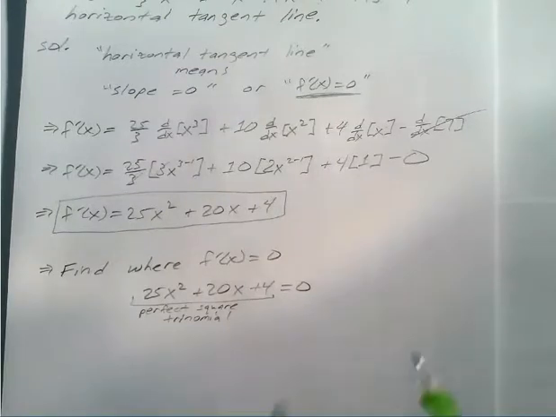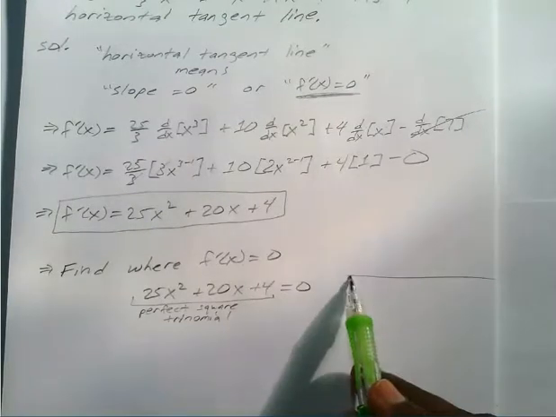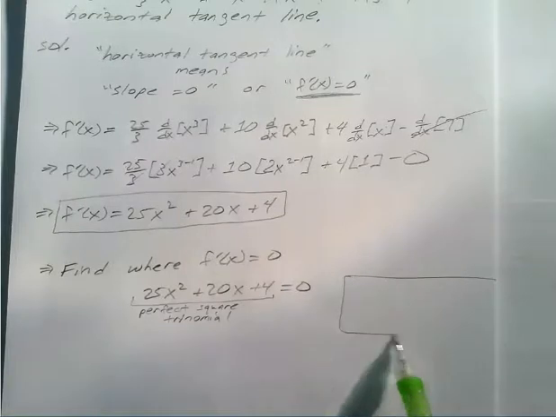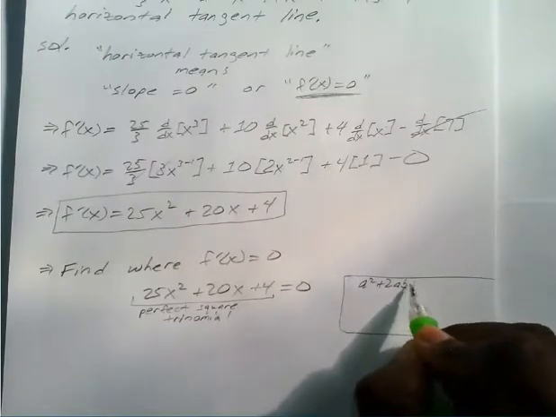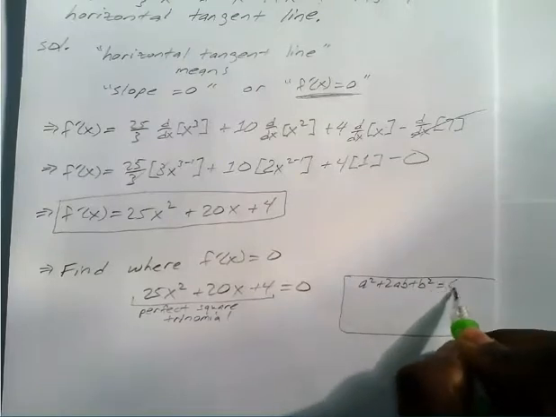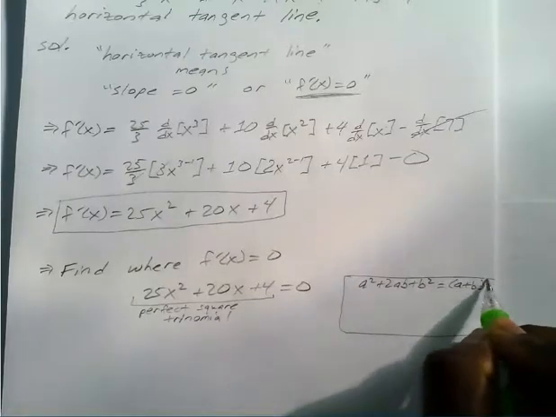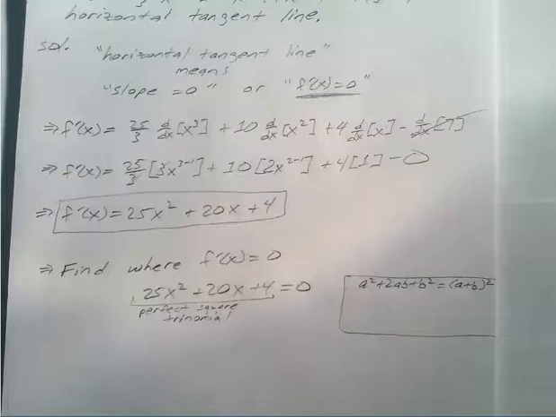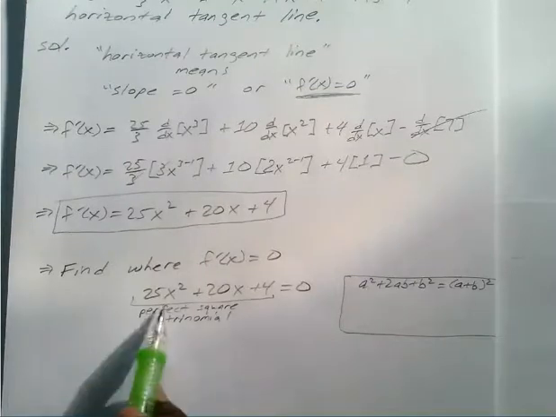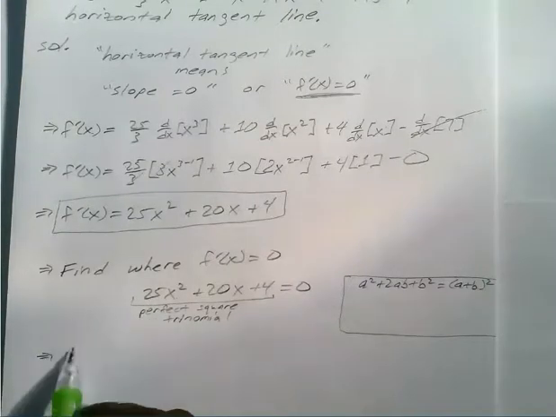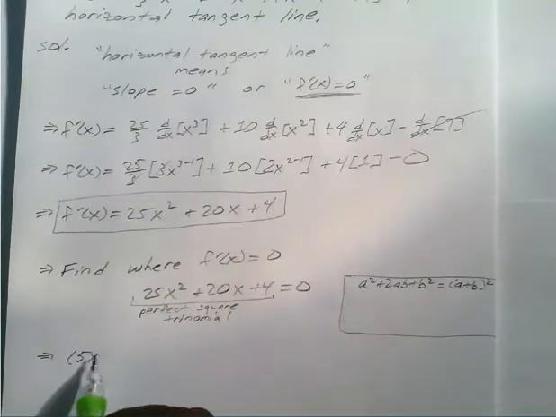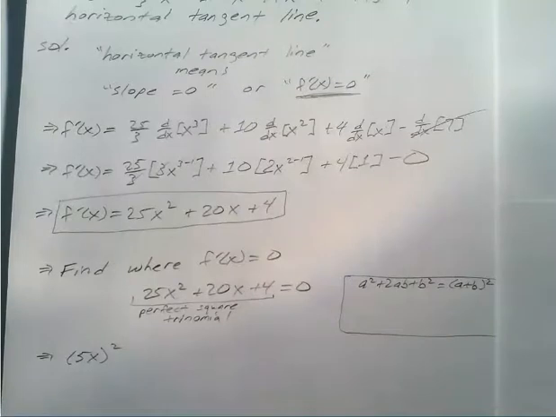Okay, so here, if you forgot what a perfect square trinomial looks like, it's a squared plus 2ab plus b squared is equal to a plus b squared. That's a perfect square trinomial. Alright, so to find our perfect square trinomial, our 25x squared, we're going to make that 5x squared.